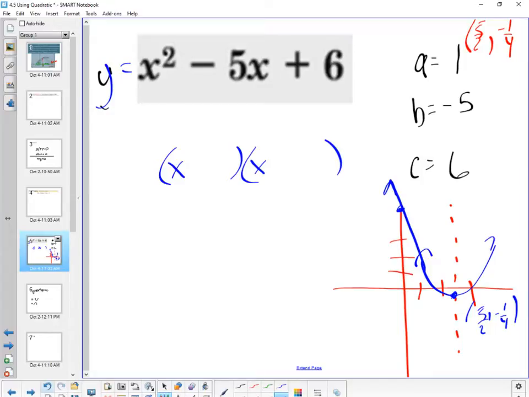This is what we were doing yesterday, right? x plus 1, x minus 6. We're trying to factor that, because we already have a y-intercept and a vertex. We're after these x-intercepts.